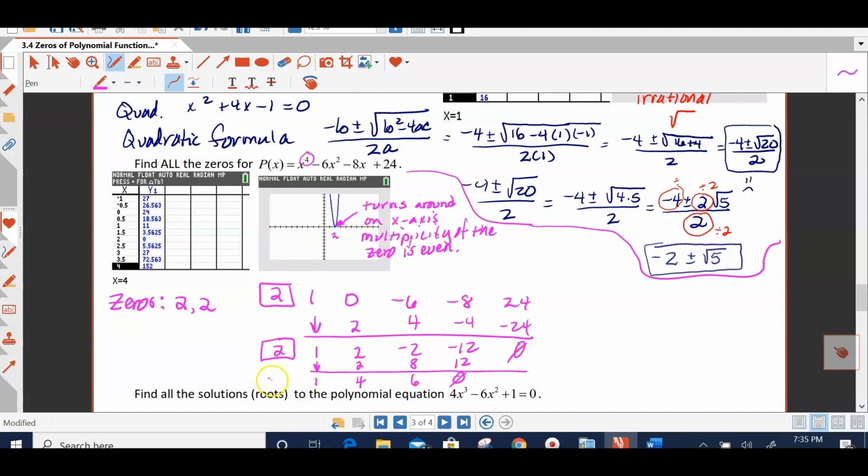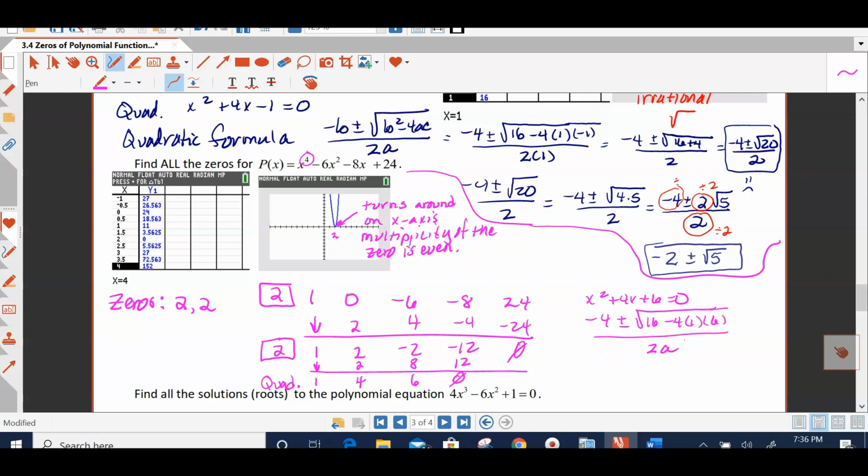I am now left with a quadratic, and I'm going to use the quadratic formula. That quadratic is x squared plus 4x plus 6 equals 0. So negative 4 plus or minus the square root of b squared, which is 16, minus 4 times a, which is 1, times c, which is 6, all over 2a.